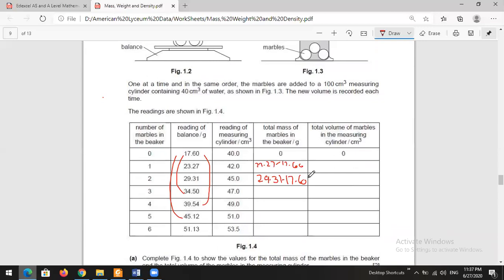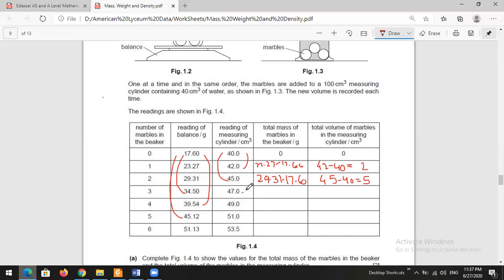Similarly, what is the volume of 1 marble? Again, it is very easy. Just subtract 42 minus 40, and it gives you 2 centimeter cube. Similarly, volume of 2 marbles, 45 minus 40 equals 5.